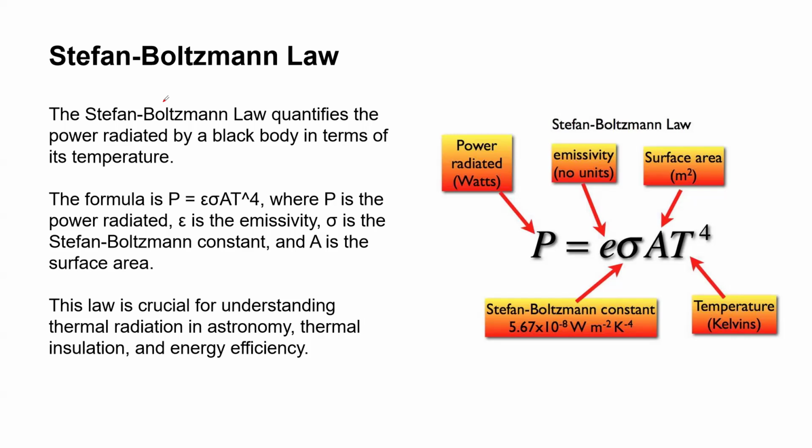The formula used by the Stefan-Boltzmann law is P = εσAT^4, where P is the power radiated, ε stands for emissivity, σ is the Stefan-Boltzmann constant, and A is the area of the surface.